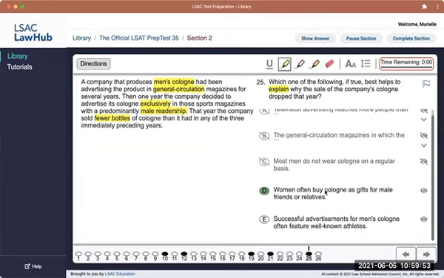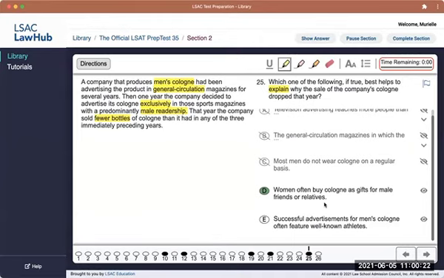So here we have, women often buy cologne as gifts for male friends or relatives. So if that's the case, because the readership of the sports magazines is predominantly male, fewer women would be seeing those magazines versus when they were putting ads in general circulation magazines where the readership would be more diverse.